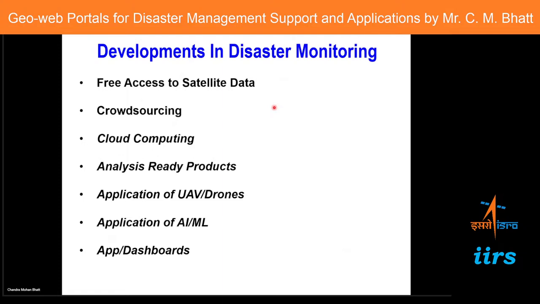We require a number of persons, and because of the penetration of mobiles into every corner, crowdsourcing helps us. Cloud computing is another field where we are seeing significant improvement, because cloud computing helps us overcome the problems of single standalone systems.